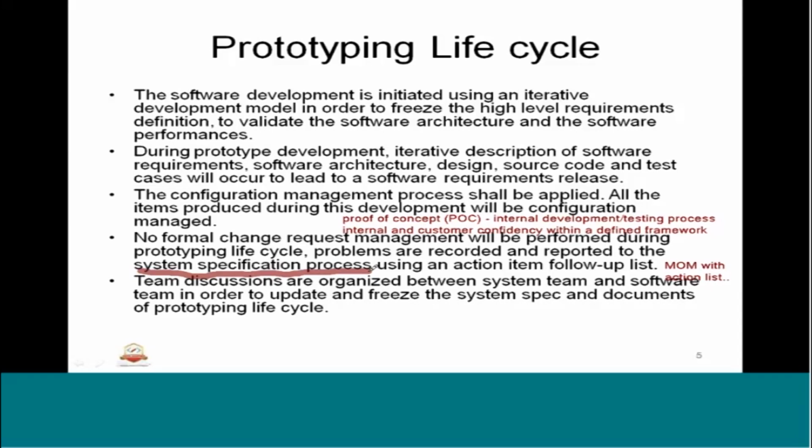That is one of the important criteria before we move into the next stage. For that, we will have team discussions organized between the system team and the software team. One thing that we need to know is that the system is usually defined with the help of the customer as well as the system people.